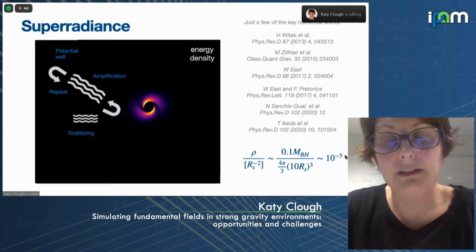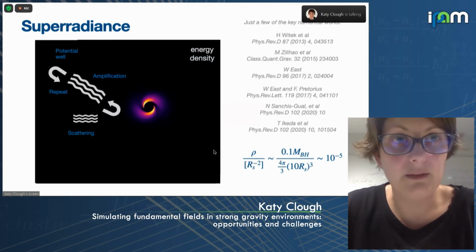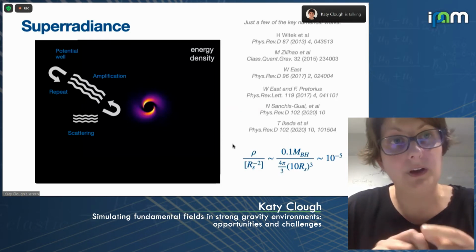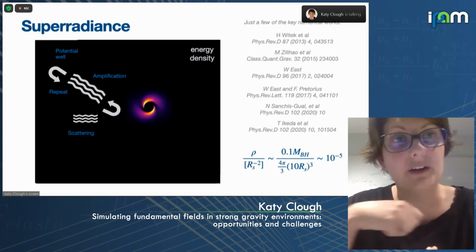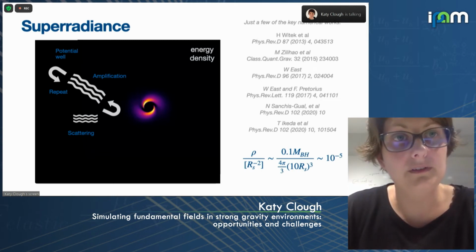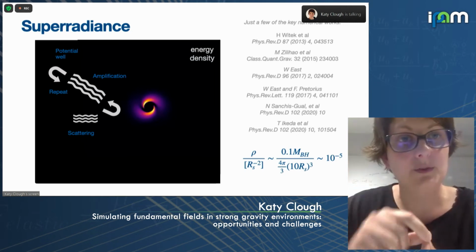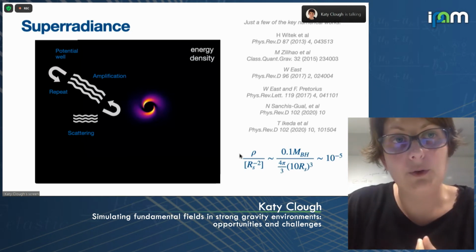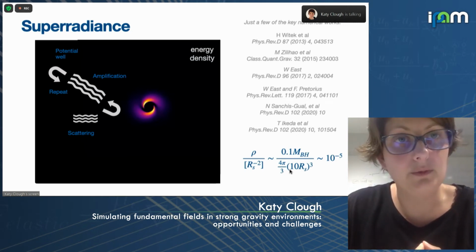So this number, I'll mention at the end, actually gives you some hope that you might be able to observe these clouds with the LISA gravitational wave detector, where you're going to observe something of the order of 10 to the 5 orbits of a small object spiraling into a supermassive black hole. And so potentially integrating over that high number of orbits will give you an order 1 deviation in, for example, the phase of the gravitational wave signal.